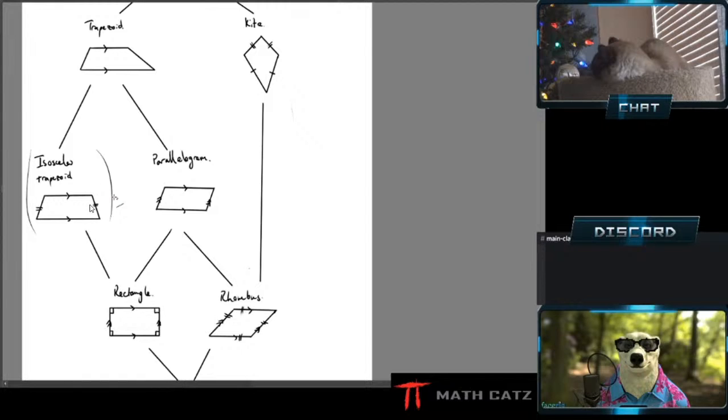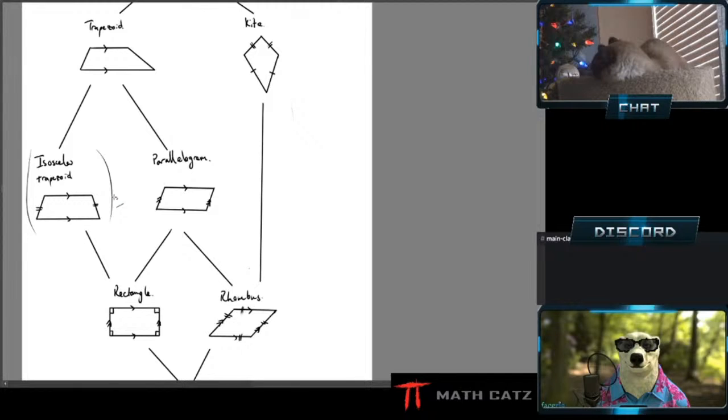Even though we might think of an isosceles trapezoid as just requiring that the two non-parallel sides be equal, there is an additional requirement that the base angles be the same as well. Now, in the case of a parallelogram in general, that won't be the same, right? This angle of the base, they're not the same unless they are a rectangle.